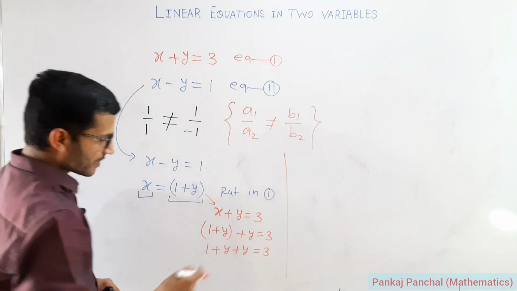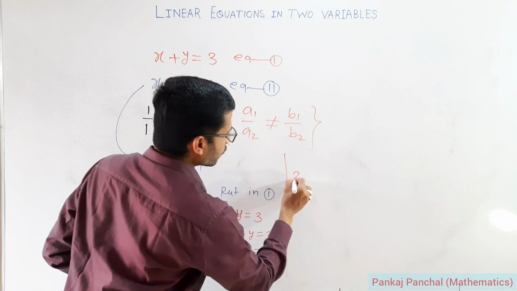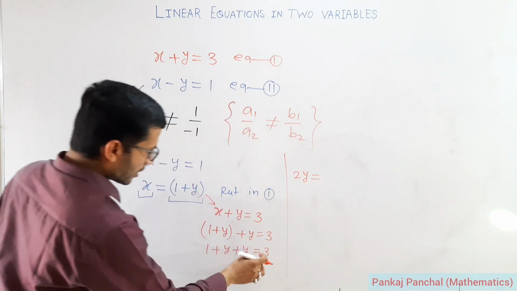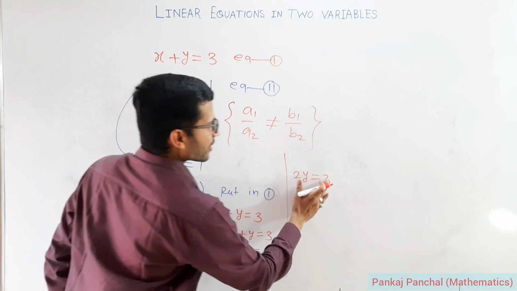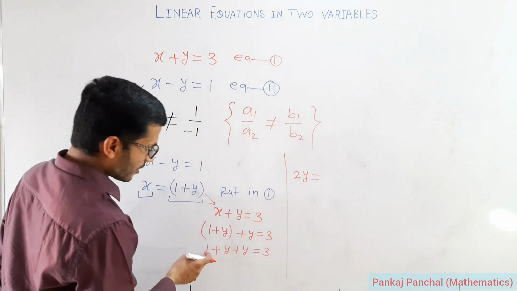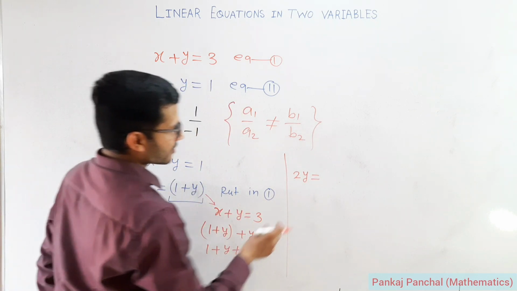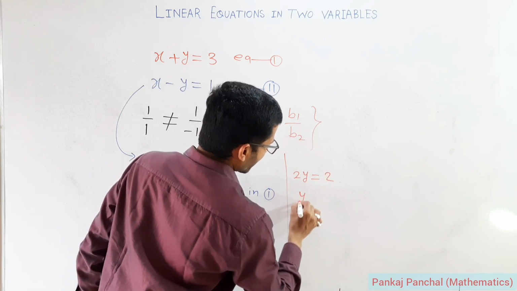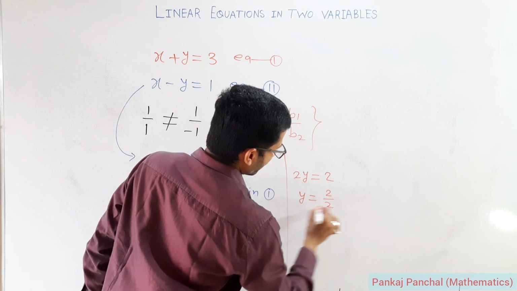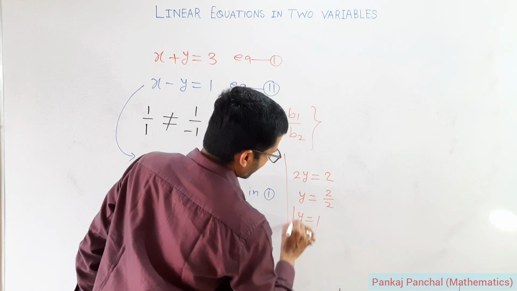Send this 1 to the other side. So 2y is equals to 3 minus 1. When we send 1 to the other side, it becomes negative. So 3 minus 1, that is 2. Then y is equals to 2 divided by 2, that is y is equals to 1 we get.